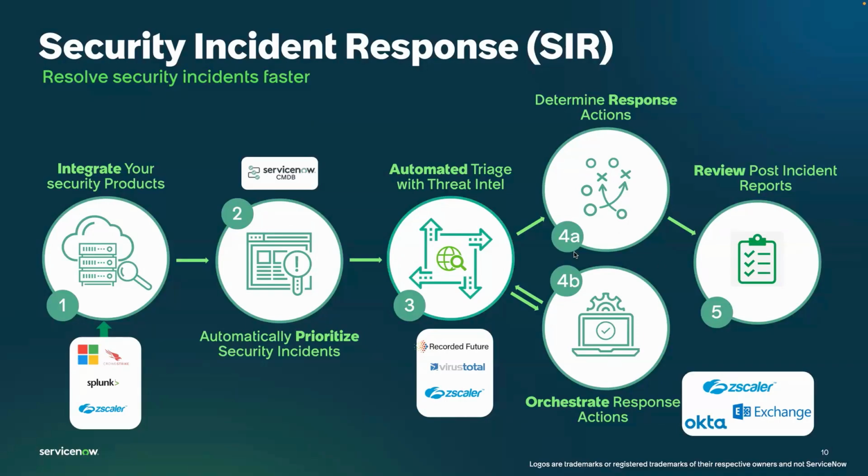You would also be able to integrate your different security tools so you can actually orchestrate outbound activity from the platform directly. So things like threat lookup, maybe email search and delete, all of those types of things. And Tim will talk a little bit more about this in the second section.